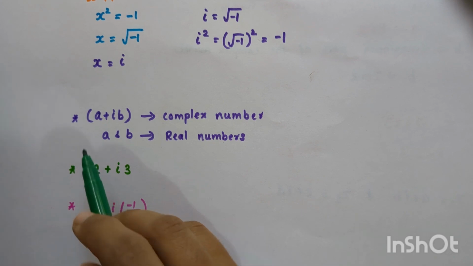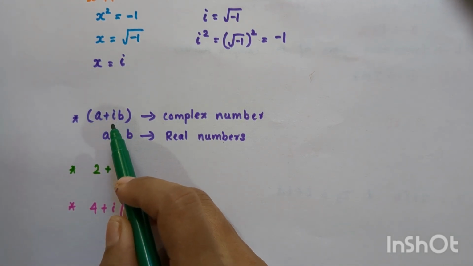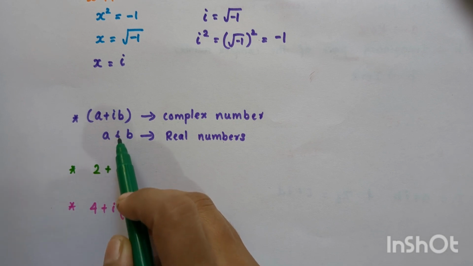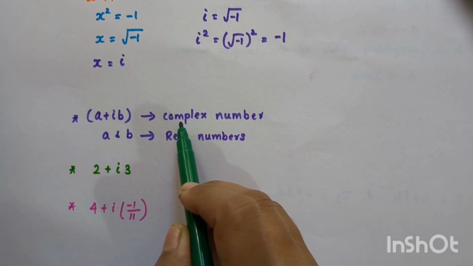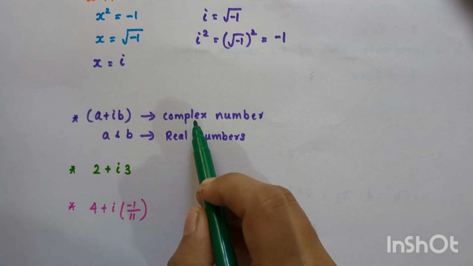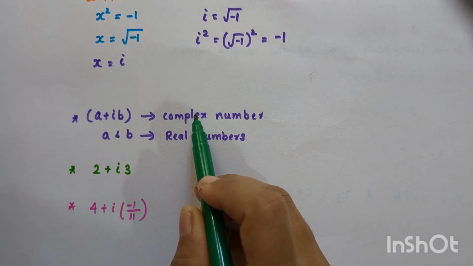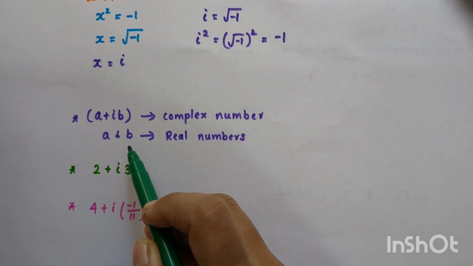You see, a number of the form a plus ib, where a and b are real numbers, is defined to be a complex number. Here a is a real number, b is also a real number.